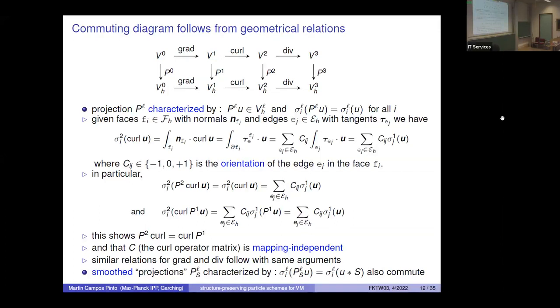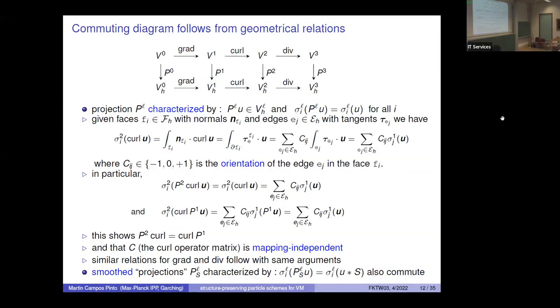If you look at this part of the diagram here with the P1 and P2 projections, then essentially you note that P1 and P2, they are characterized by the fact that they interpolate the degrees of freedom of a function. So here you see that as a source, and you project the source. Projecting the source means that you are interpolating the degrees of freedom.